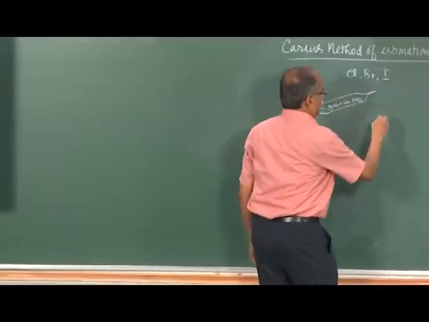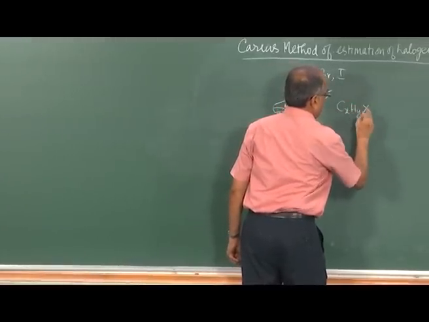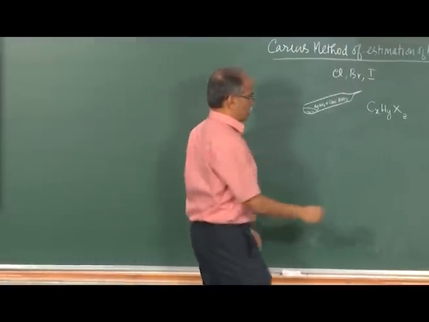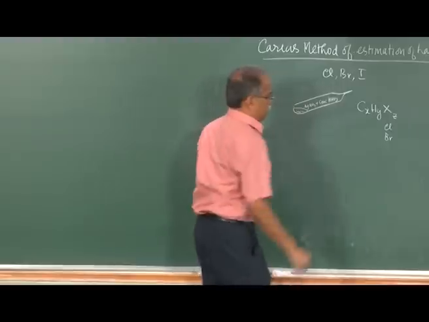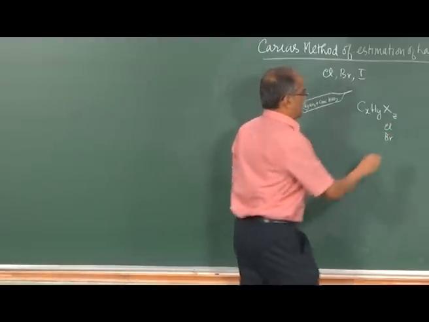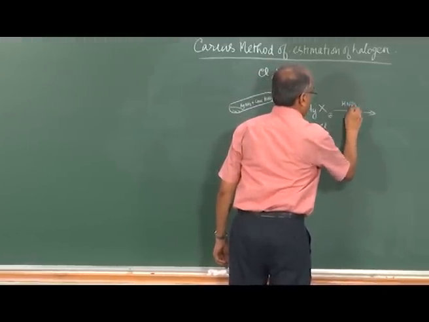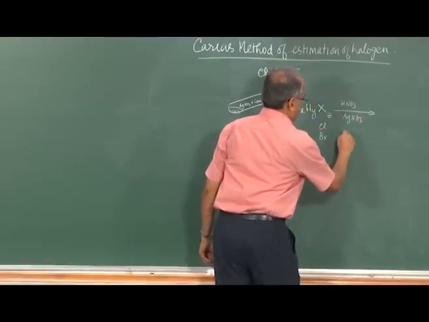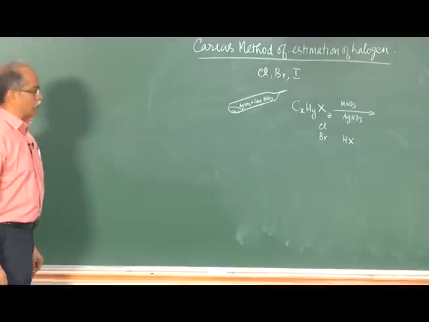The organic compound, let us say, contains some halogen X, Z times. X is equal to chlorine or bromine. The number of chlorine or bromine atoms present corresponds to Z in this particular case. On treatment with nitric acid and silver nitrate, HX is formed during the course of the decomposition of the organic compound.